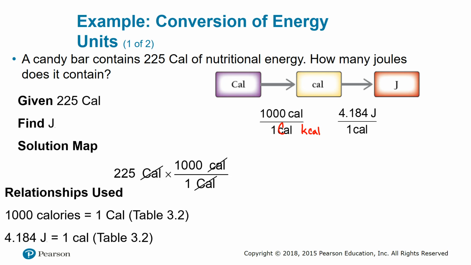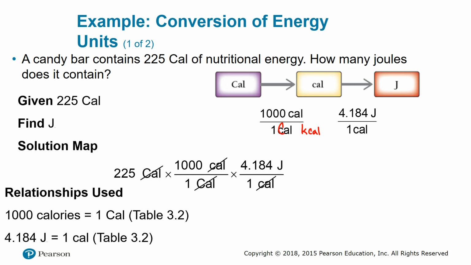Now I'm in heat calories, so I can go from heat calories to joules. Then I would multiply 225 times 1,000, and then times 4.184. How many sig figs will my answer have?